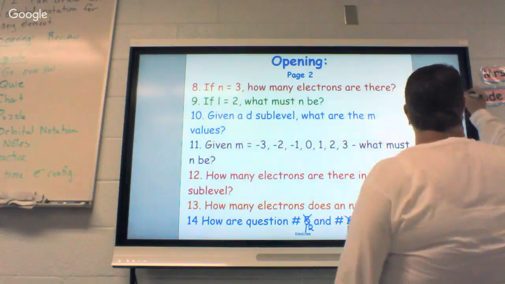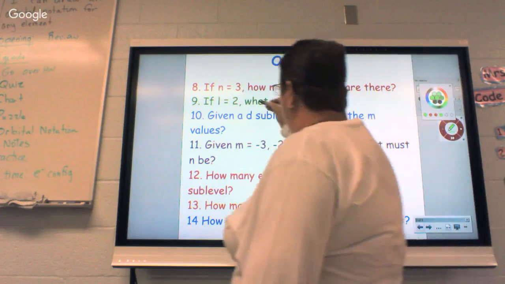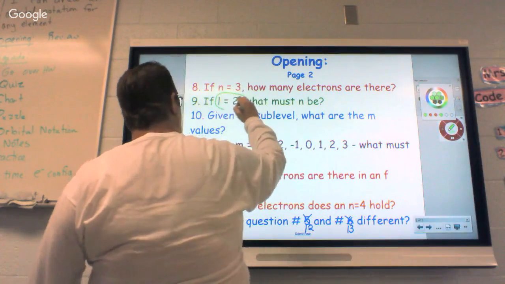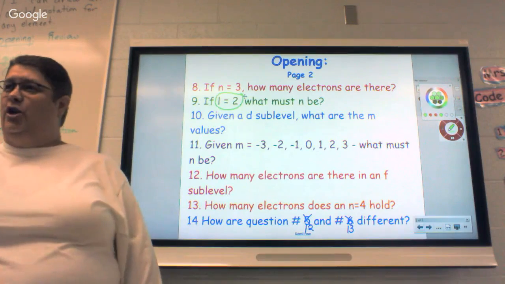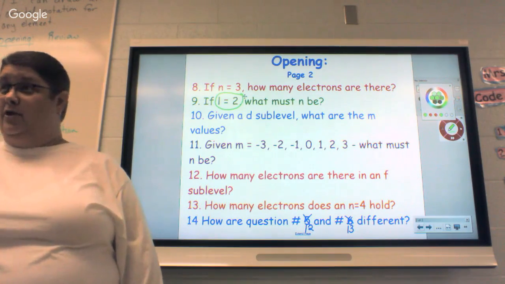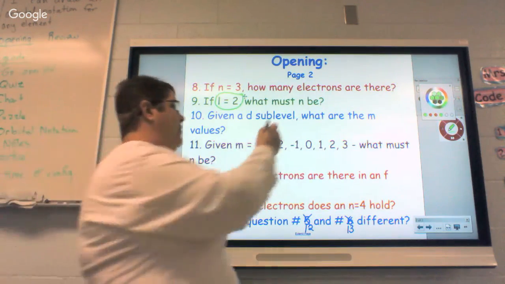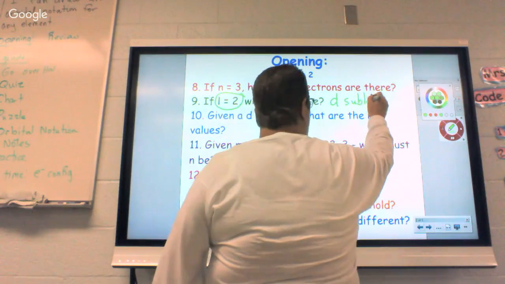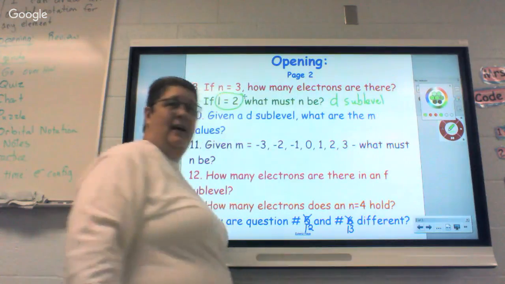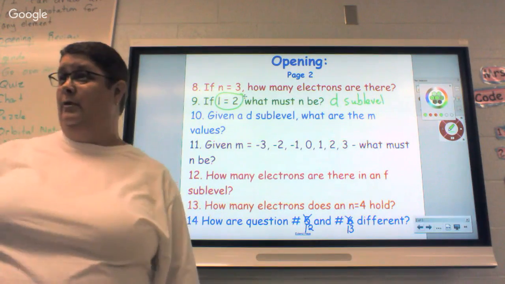So if l equals 2, first of all, what sublevel is this? Is that an s, a p, a d, or an f? That 2 is a sublevel. So it's what sublevel? That's a d sublevel. That's the part that you have to be able to find.